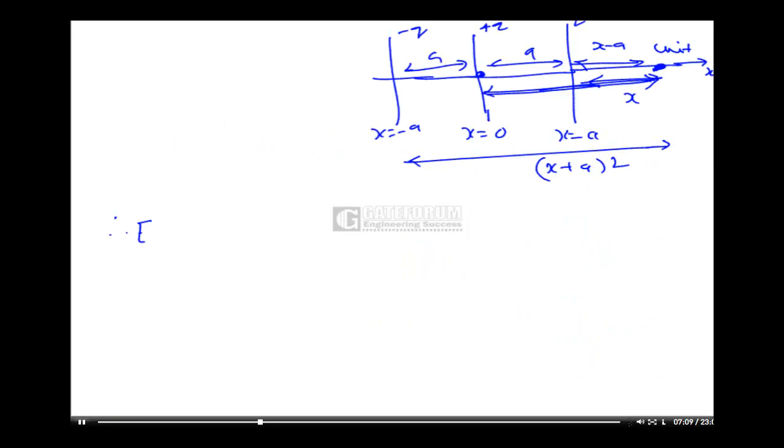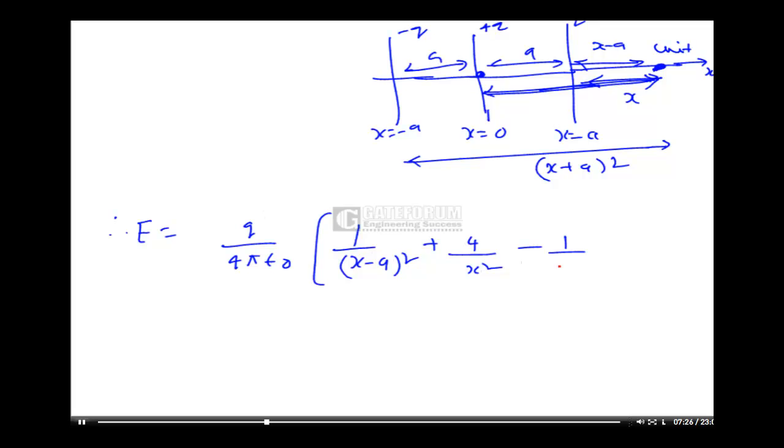Therefore E is equal to q by 4 pi epsilon naught times 1 by x minus a whole square plus 4 by x square minus 1 by x plus a whole square, a_x.